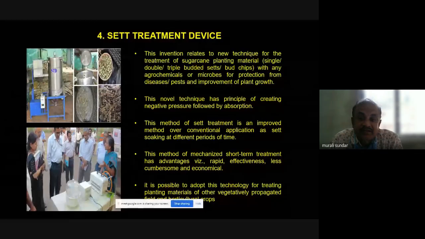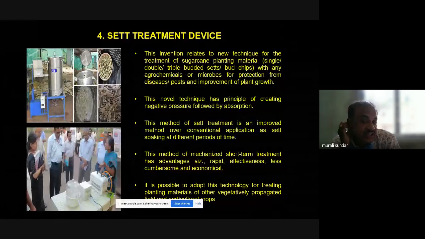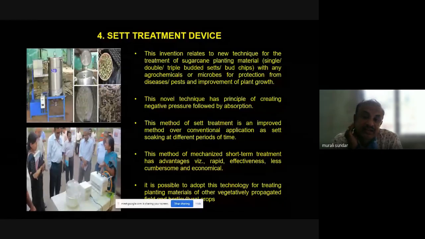Whereas in sugarcane, disease is mostly the major problem, and since it is a vegetatively propagated crop, controlling disease is a little difficult, because most of the disease spreads through seed material. And since it is vegetatively propagated, we cannot control the seed chain from moving from one place to another.